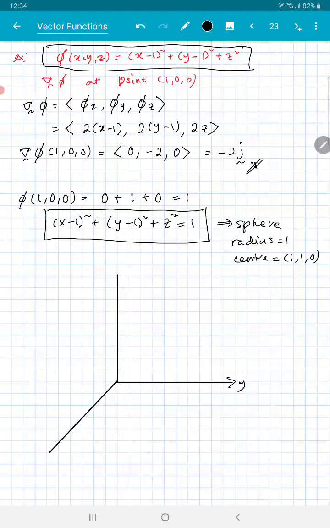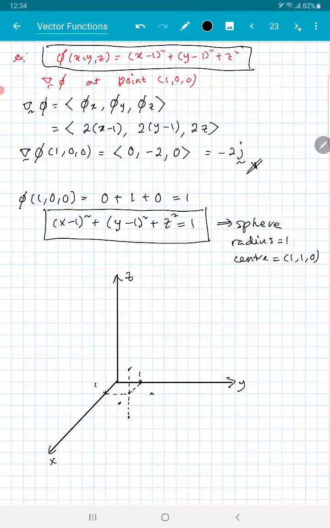Let's say that's a 1, and this is a 1. That's the center, so we'll go through this point and also this point, and on this side, that point and this point here, and also here.